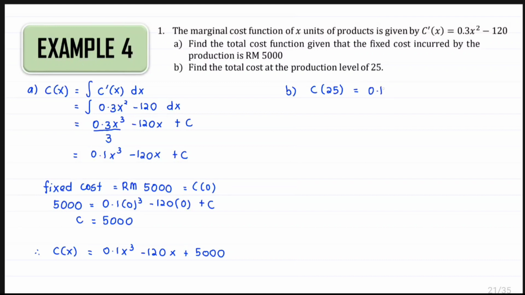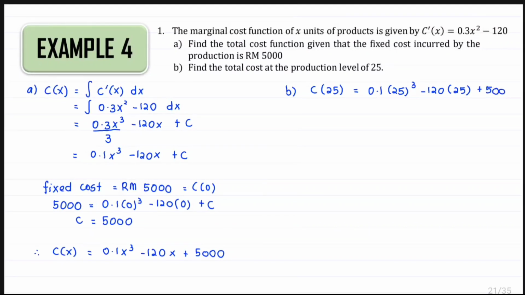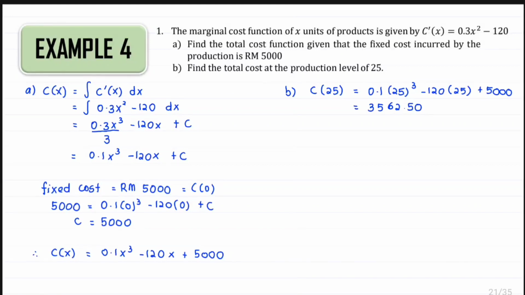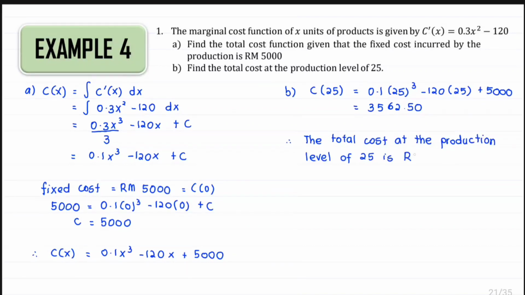So 0.1 times 25 cubed minus 120 times 25, plus fixed cost 5,000. Then we solve, we get the answer 3,562 ringgit 50 sen. Then we conclude the total cost is RM3,562.50.